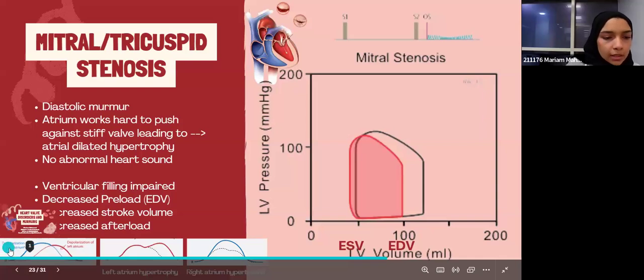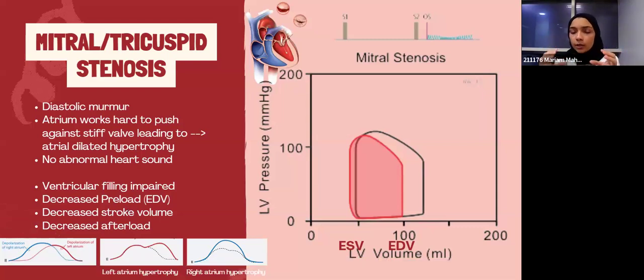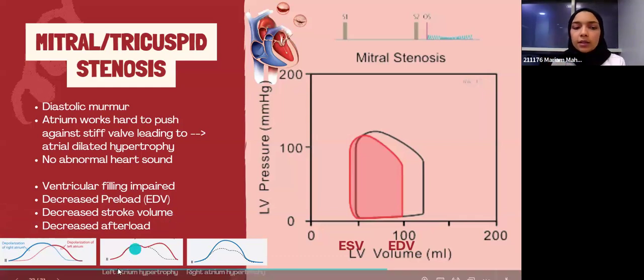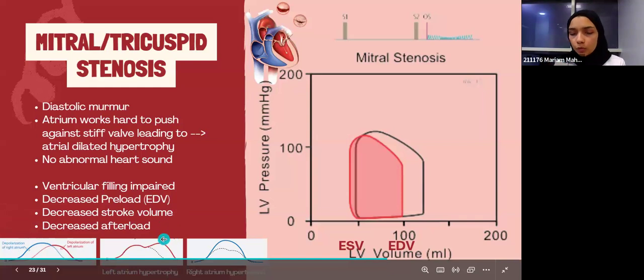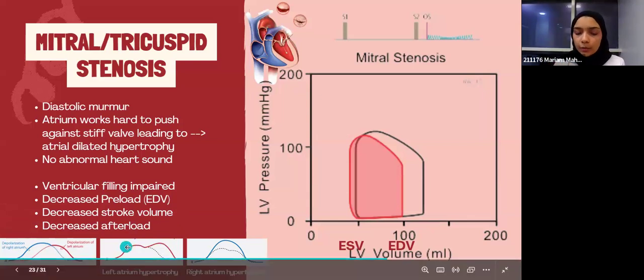So basically this P wave is divided into the depolarization of the right atrium and the depolarization of the left atrium. So let's say that there is a left atrium hypertrophy. The contraction of the left atrium will be higher than the right atrium.